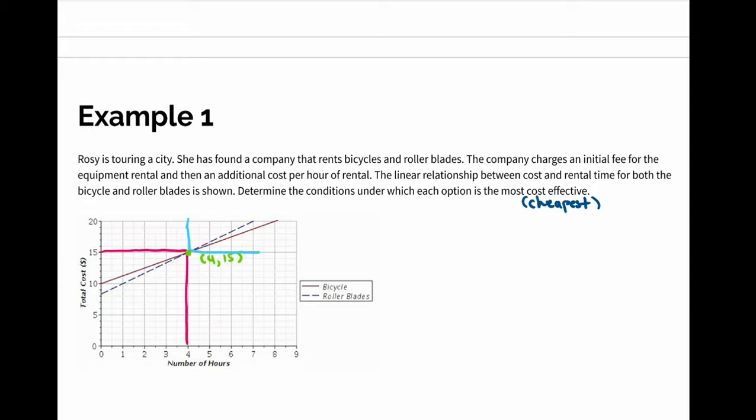So in our one scenario, or in red, the blue line or the dotted line is lower. We can see that clearly. Then it's lower than the red line, so we can say rollerblades are cheaper for rentals less than 4 hours.